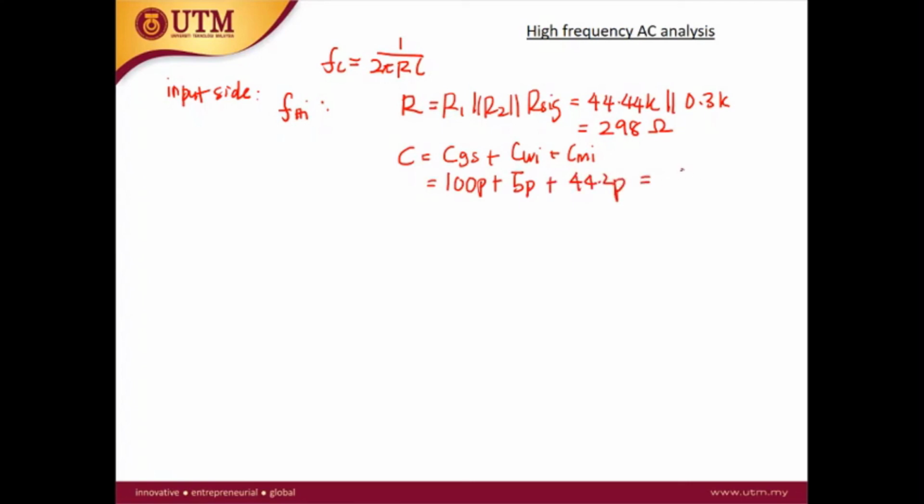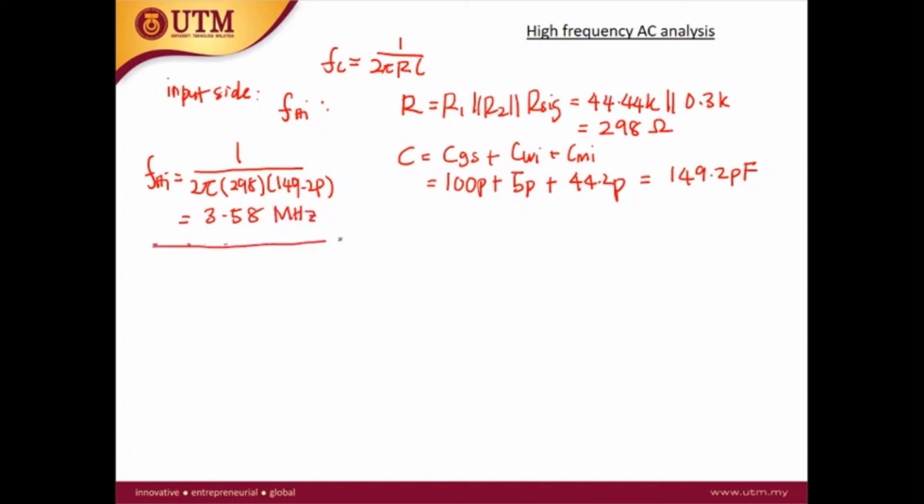So this gives you 149.2 picofarad. So the calculation, FHI is equal to 1 over 2 pi times 298 times 149.2 pico. So the value is 3.58 megahertz. This is the input side.